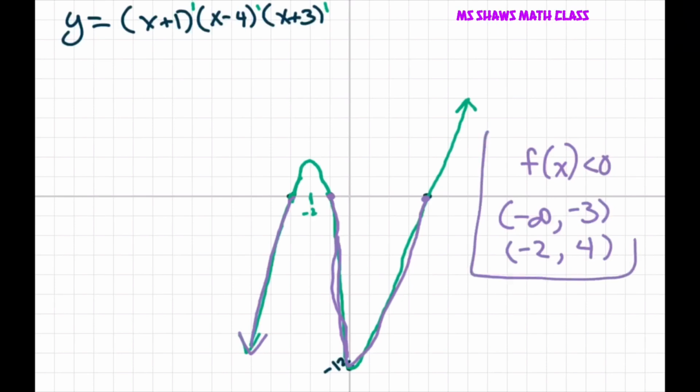So that's where f of x is negative. And f of x, or y, is positive right through here, which is from negative 3 to negative 1.